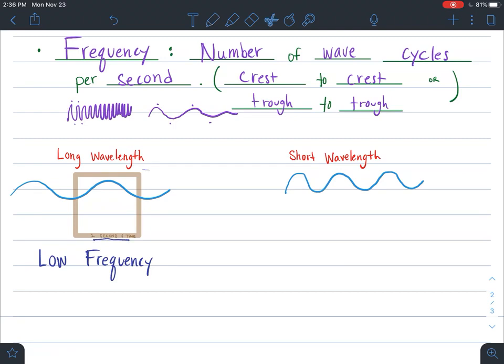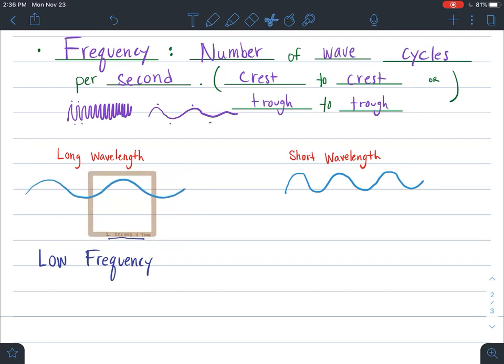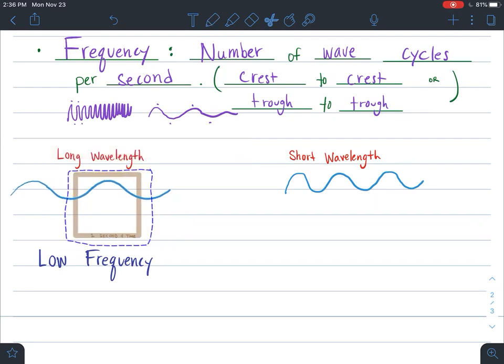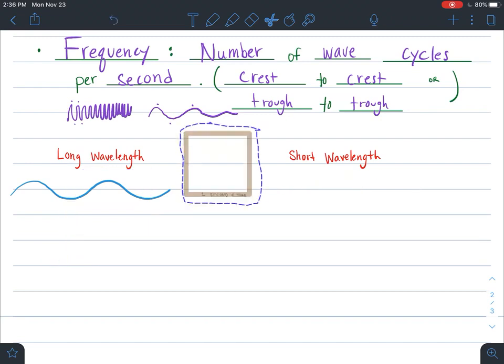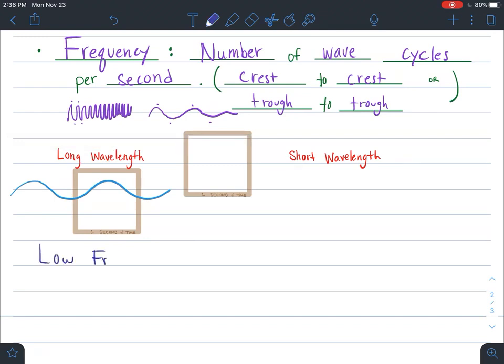If this is 1 second of time, not many of them happen here. I'm going to have to undo a couple steps. Let's do it like this. So here, this is a low frequency because not many happen per second.